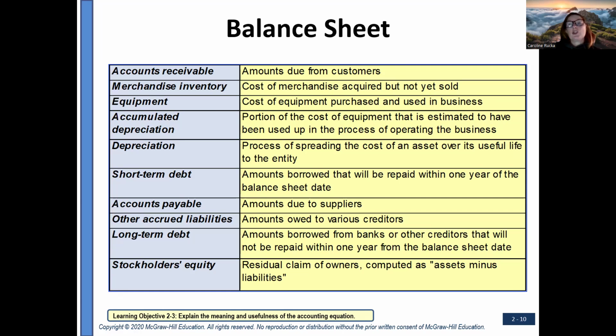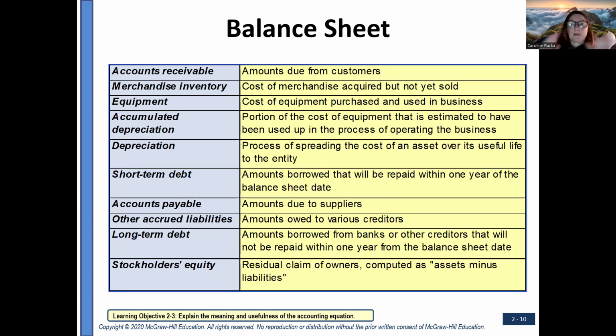Okay. So this is a refresher. Accounts receivable. That is cash owed to us by our customers. Our inventory, that's all our merchandise that we have bought or made but haven't sold yet.